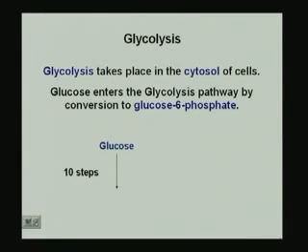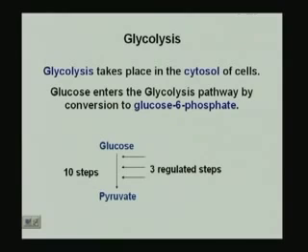There are 10 steps involved, which means there are 10 enzymes involved, and 3 steps are regulated in the formation of pyruvate from glucose in the 10 steps that form the process of glycolysis. So glucose goes to pyruvate in 10 steps, 3 of those steps are regulated, and it is occurring in the cytosol of the cells. If we do not have oxygen, then this pyruvate forms lactate.